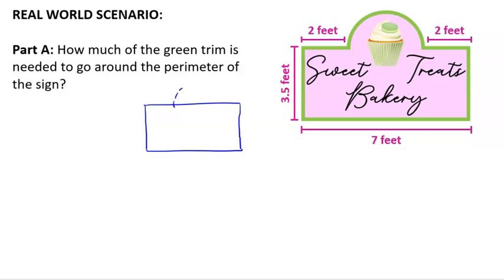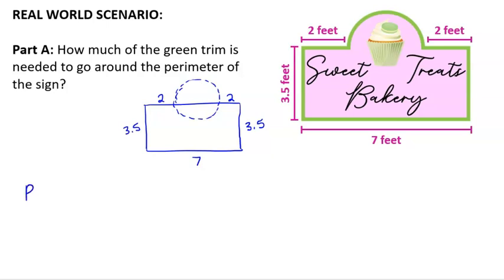I'm just going to create the full circle here. It doesn't have to be perfect, but this makes it a little bit easier for me to digest and work out on my paper. So I've got 2 and 2. This is 3.5, which makes this also 3.5, and then we've got 7 here along the bottom.